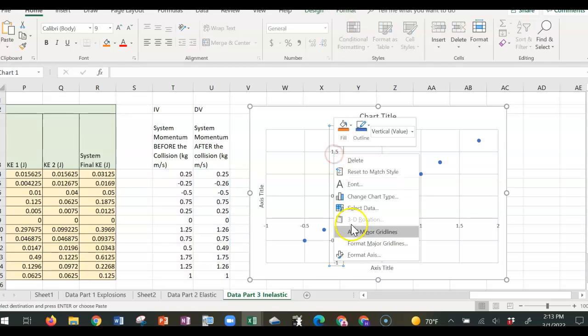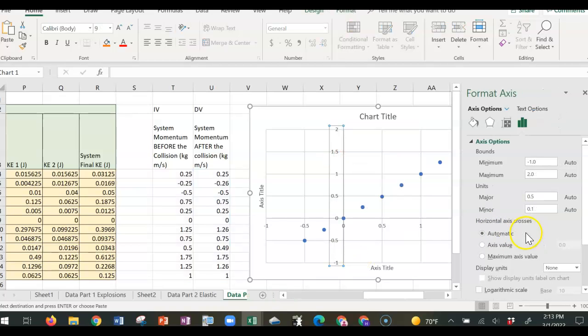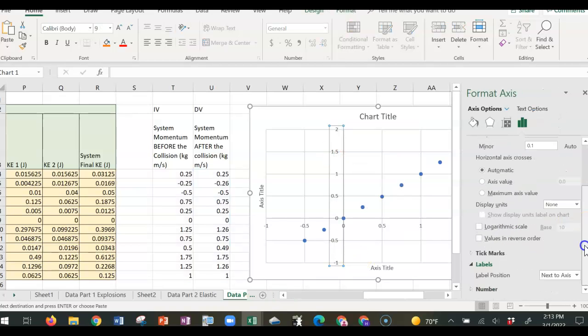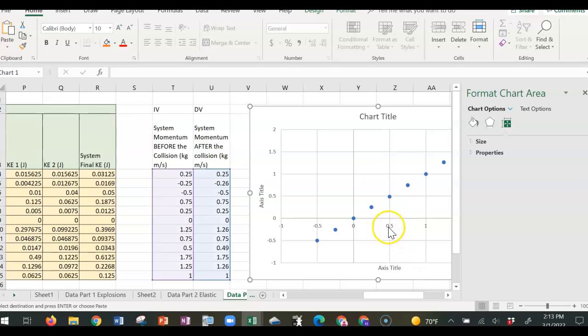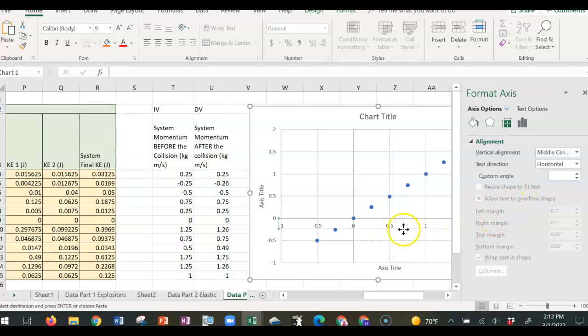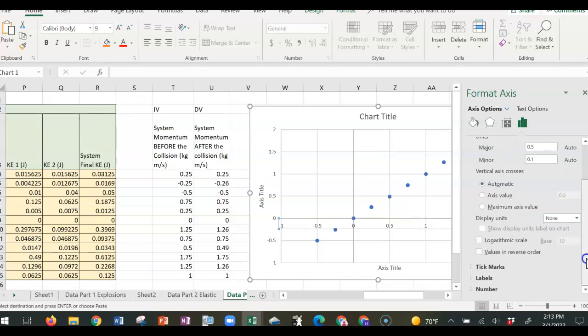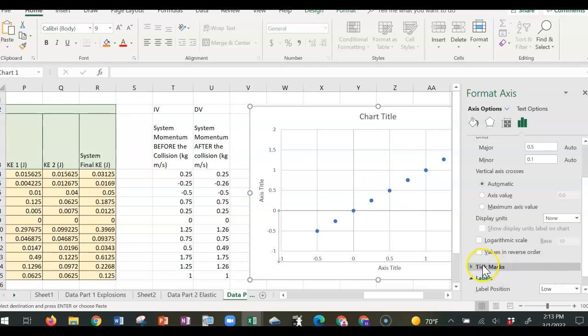So I'm just going to change the position where those are written. I'm going to format the axis and put them at a low position, so they are not interfering with me reading the graph. There we go.